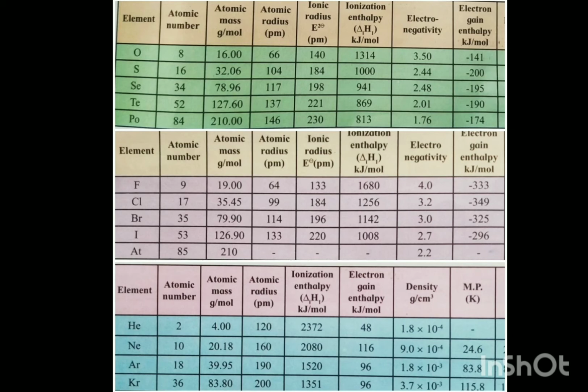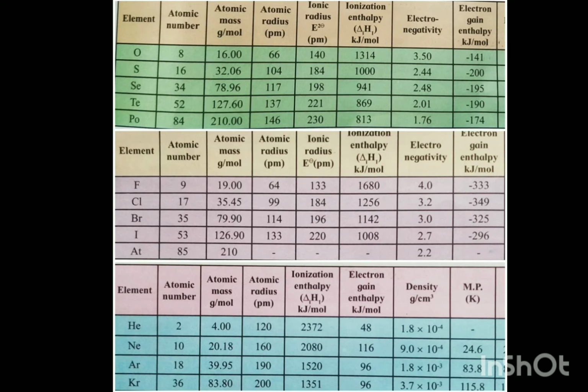Across the period, atomic and ionic radii decrease with increasing atomic number. Group 17 elements have the smallest atomic radii in their respective periods.